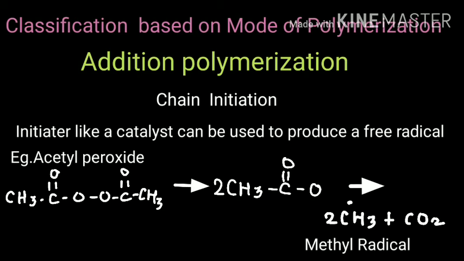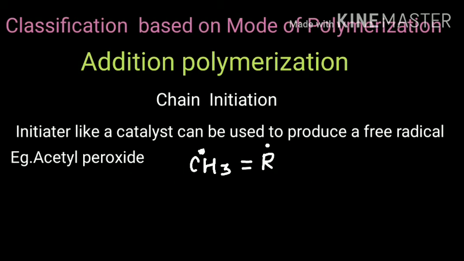The free radical methyl formed here, consider it as R dot. The dot here indicates a free radical. This free radical then attaches itself to an olefin or the vinyl monomer to produce a new free radical, which is made up of two parts, that is the attached radical and the monomer unit.